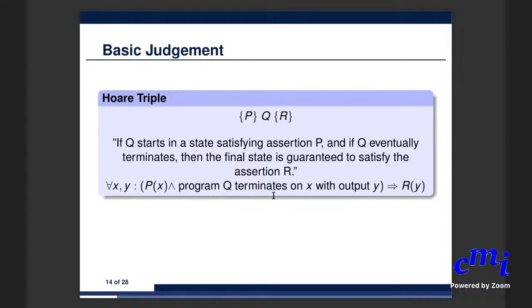That means if program Q terminates, then the output that it produces must satisfy R. Okay, so that's what it means. Therefore, if the program does not terminate, then this is vacuously true. That's why this captures partial correctness.